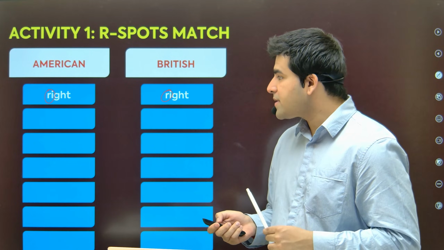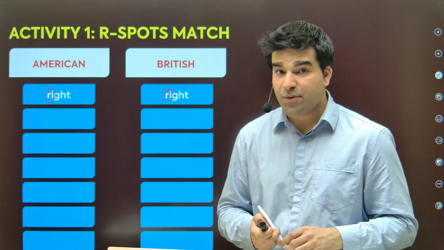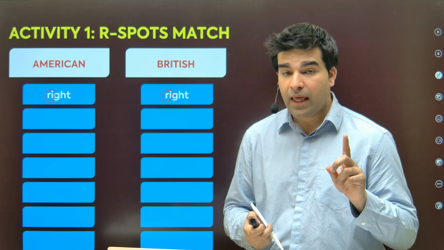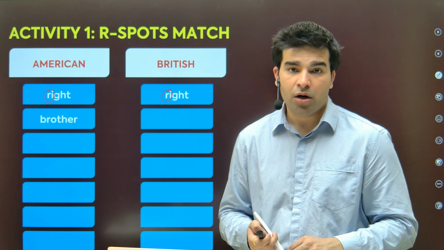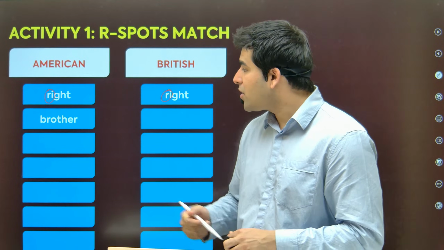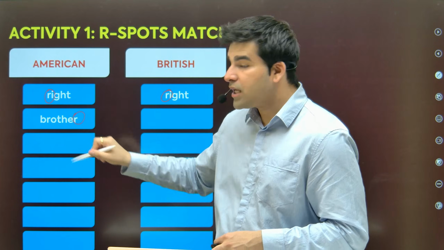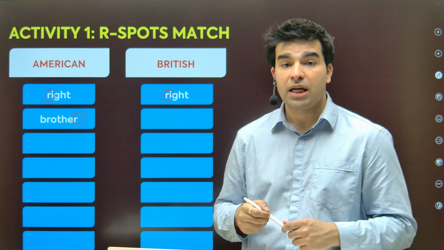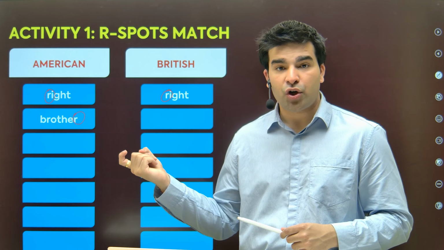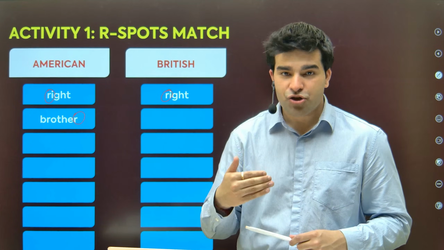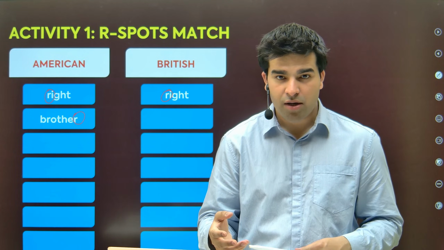Repeat after me, please. The next one's interesting and different. In American English, you say brother. The R in the end of it is rolled. It's er. Okay? Try brother.